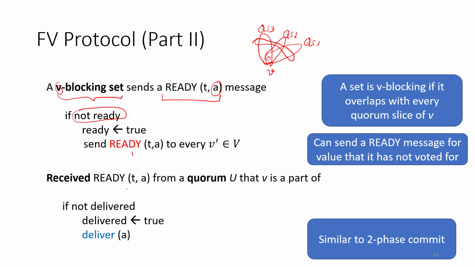And then for node V, if it receives ready messages from a full quorum, again similar to two-phase commit, if it has not delivered, it will set delivered to true and deliver the message.